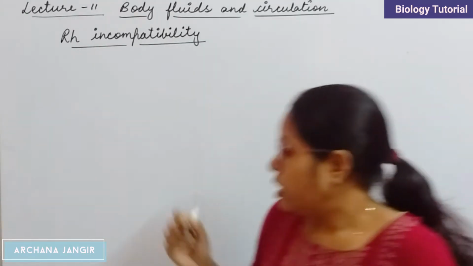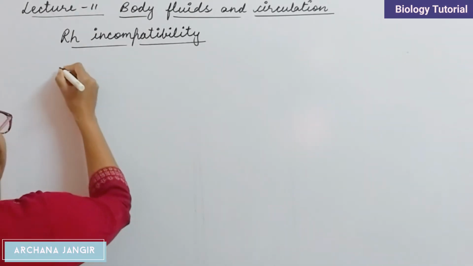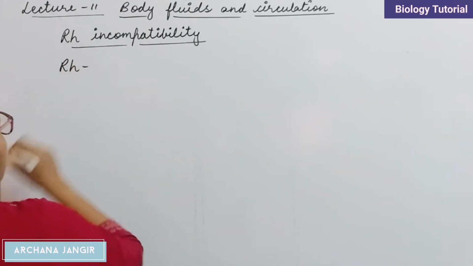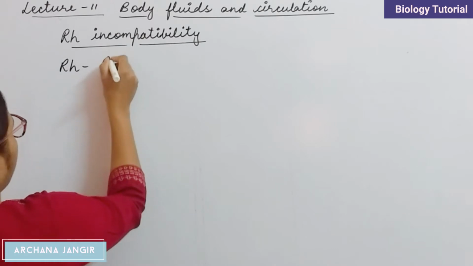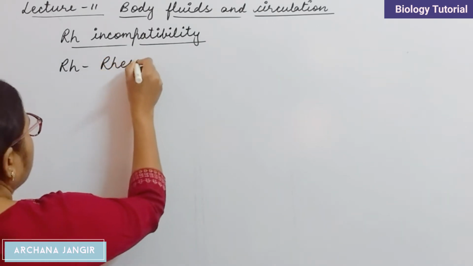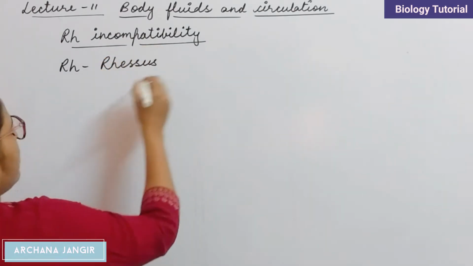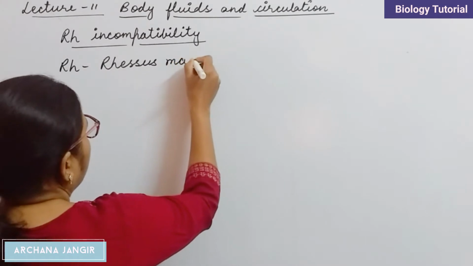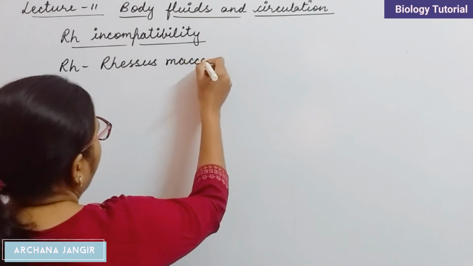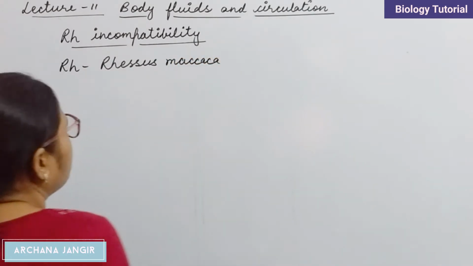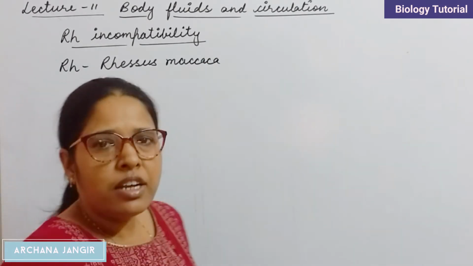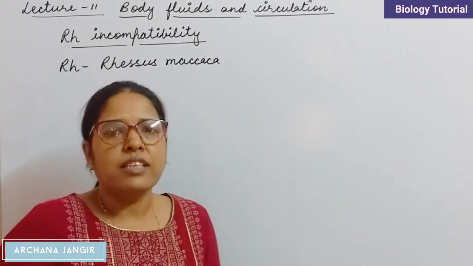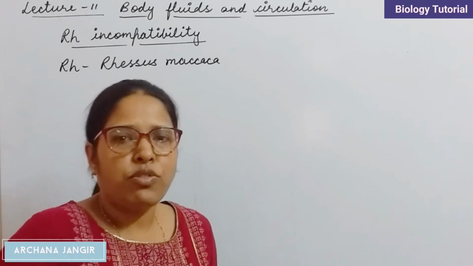Clear? This RH antigen or RH factor was discovered in rhesus monkey, rhesus macaca. This is the species of monkey in which RH antigen has been discovered. That's why it is named as RH antigen or RH factor.